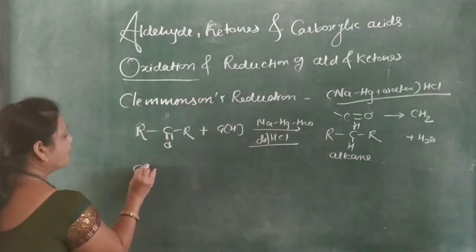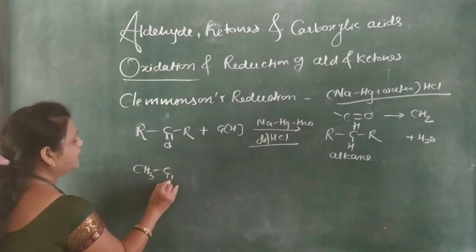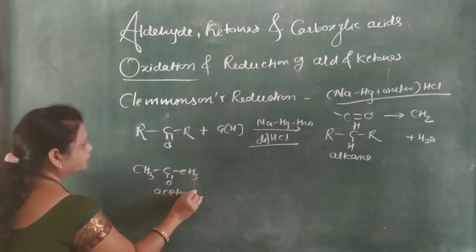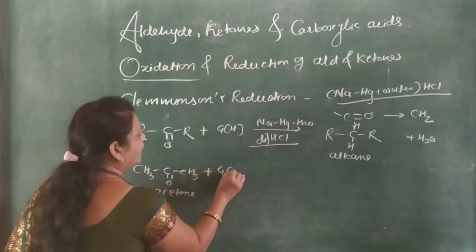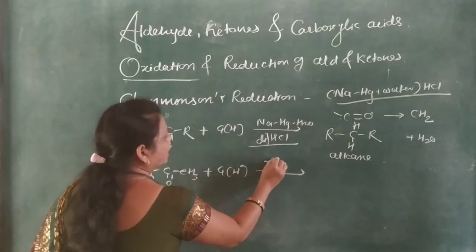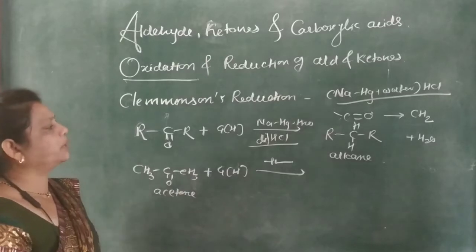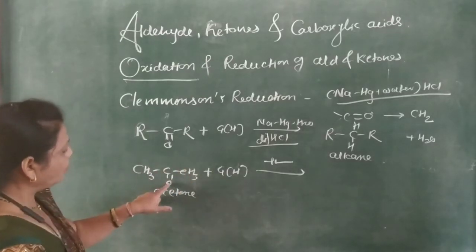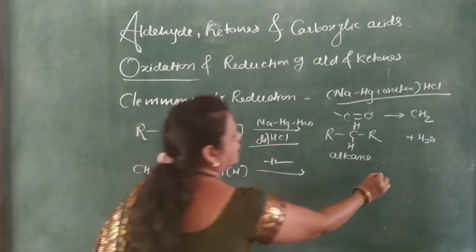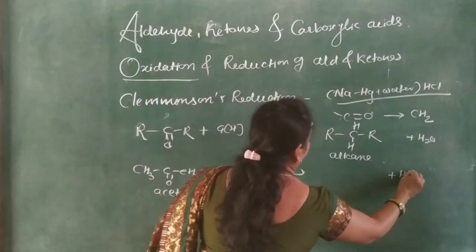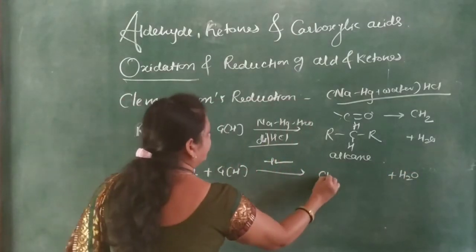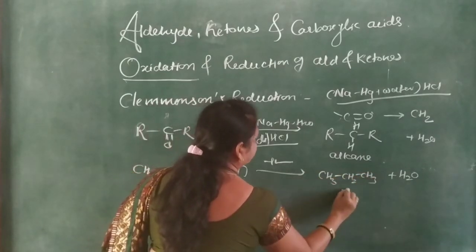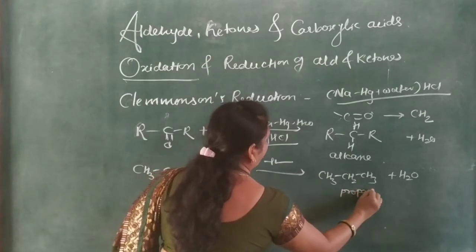Now the example is CH3 C double bond O CH3, that is acetone, plus 4H in presence of sodium amalgam and water and dilute HCl. O combines with 2 hydrogen to form H2O, and here CH3, CH2 and CH3 form propane.